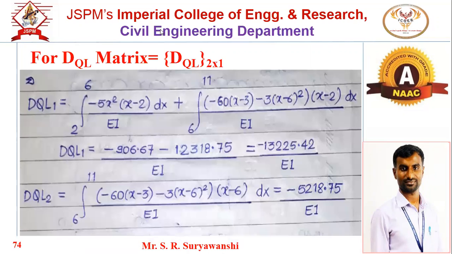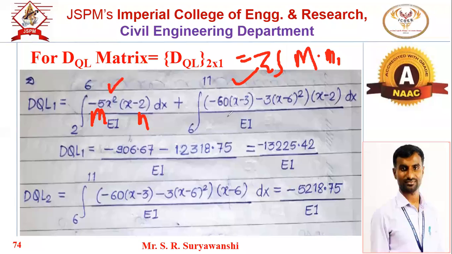It is a column matrix of order 2 by 1, and the formula is summation integration of capital M into M1. But for the first zone, DC zone, the M1 term is 0. So we have to consider only 2 terms. This is M into M1. If you simplify on the calculator, you will get delta QL1.